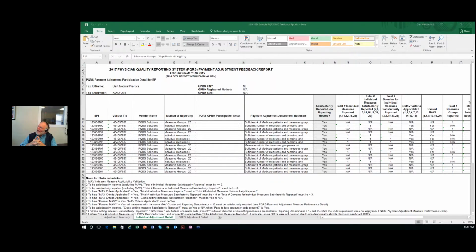I'd say partner with practices that do a great job in these areas to make sure that patients are getting as great care for diabetes and COPD as you're providing for coronary artery disease and heart failure.